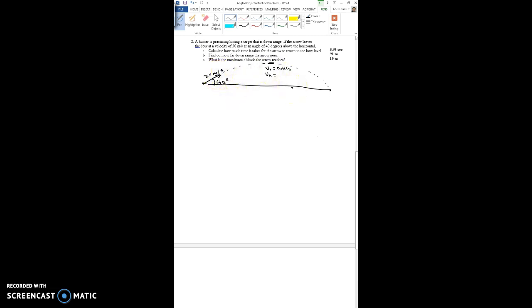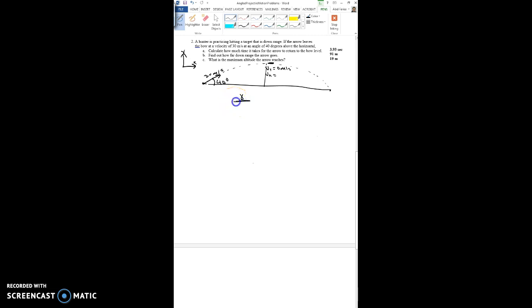So let's start breaking this down into the three problems we should look at. First, I'll set my axes: this is x, this is y. Anything going up and down, anything vertical, is the y direction, and anything horizontal is the x direction.